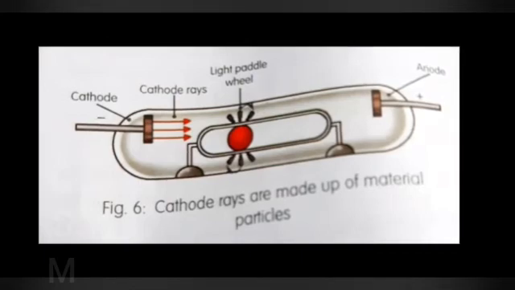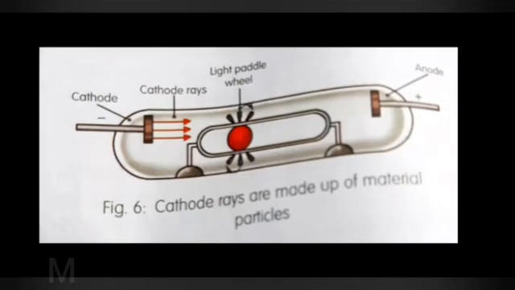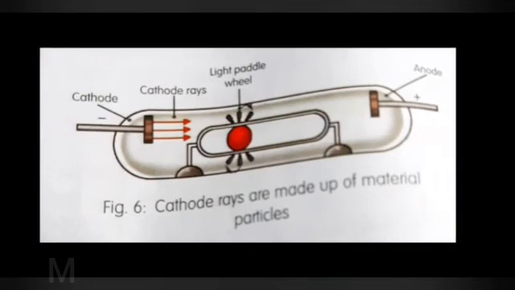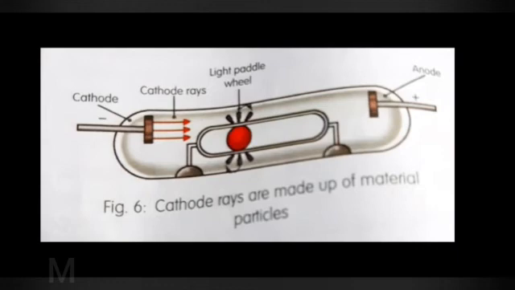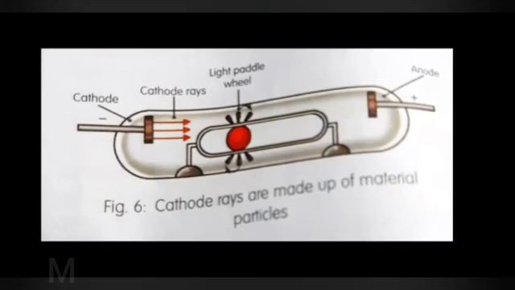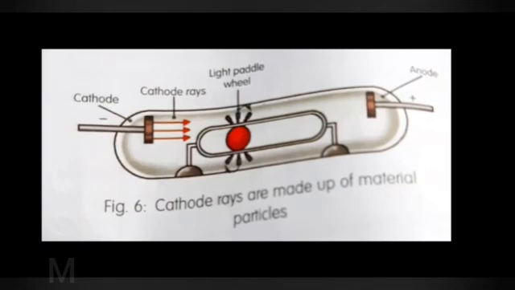Next we have to know about protons, their discovery and their properties. After the discovery of the cathode ray and the electron, a scientist proposed that there must be positively charged particles in the atom, since atoms are electrically neutral.